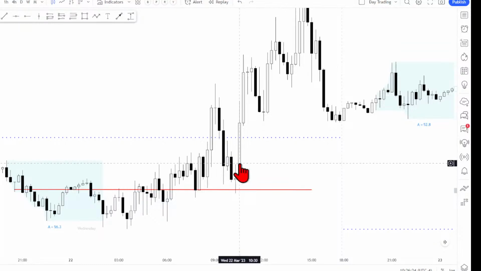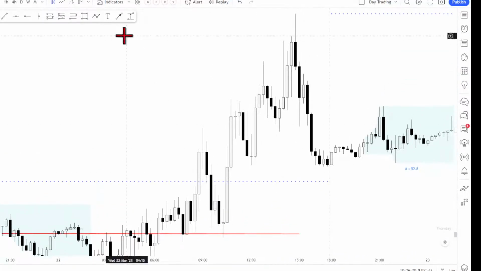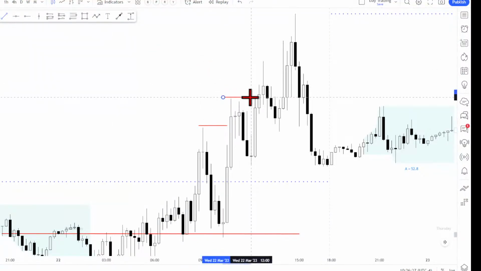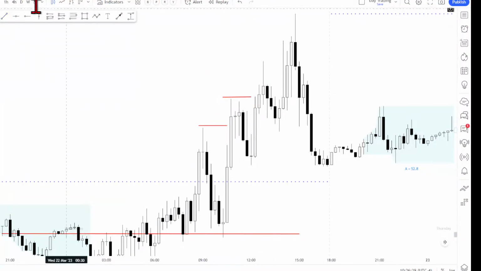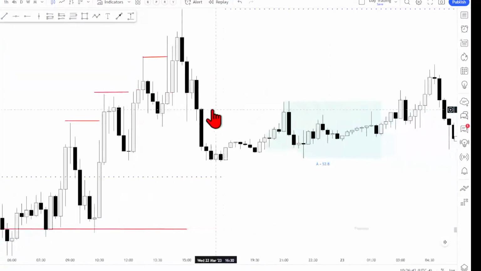Okay? So that is a breakout, pull back to the 50% of the Asian range, and they continue. And you can see this ending in the 1, 2, 3, and then they end the day in consolidation.